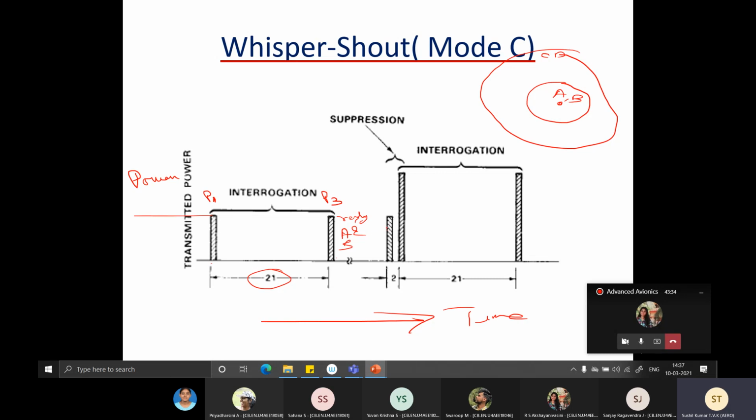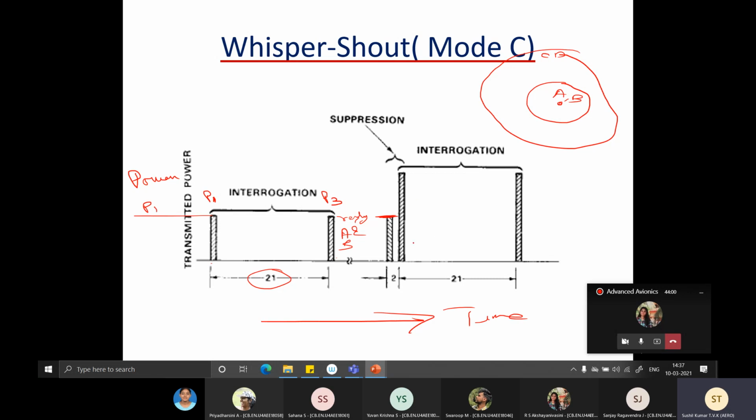Next time, the subsequent mode C interrogation will have a preamble at the same level as the initial one. Let's say it's P1. The preamble pulse is received by A and B. Now they know they're not supposed to reply, so they don't reply for subsequent transmissions.